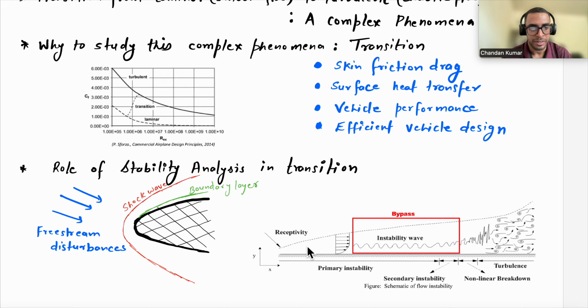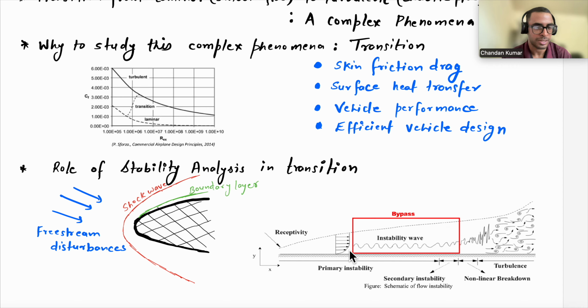Now, depending on the amplitude of the free stream disturbance, the flow can have the primary instability, or it can escape the primary instability, or it can even escape the secondary instability, and it can directly go to the nonlinear breakdown.